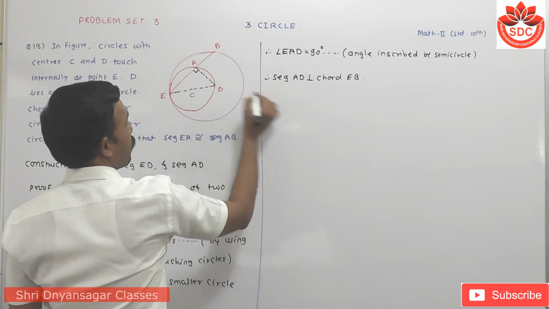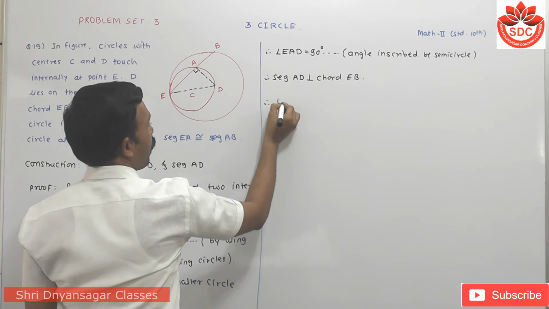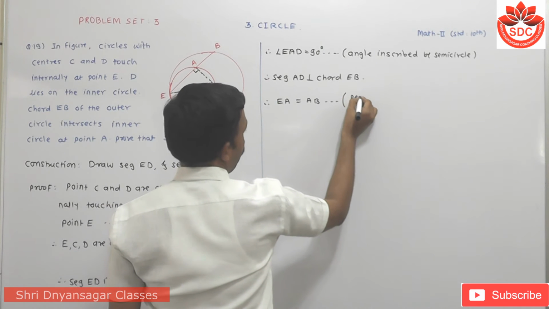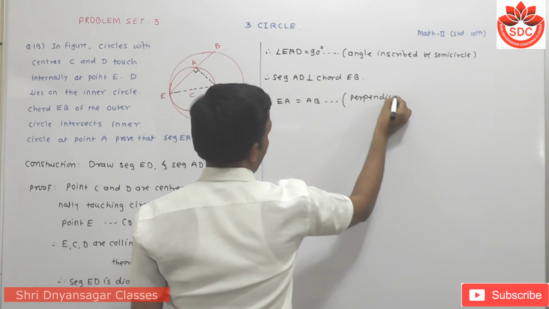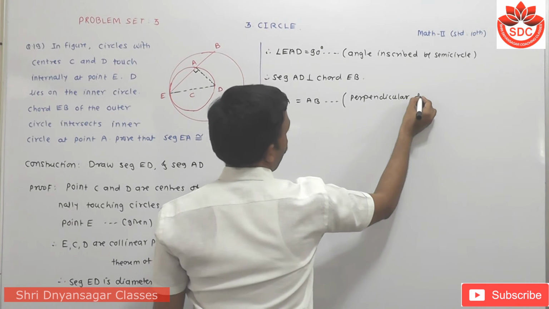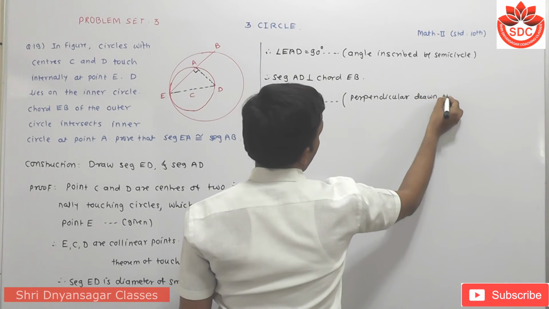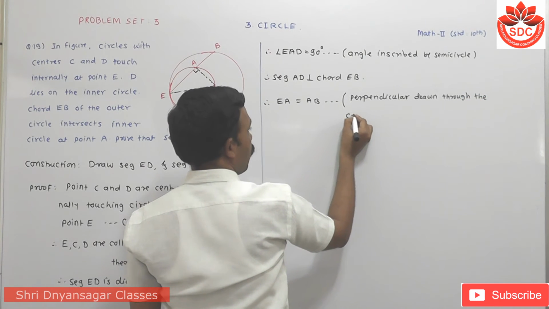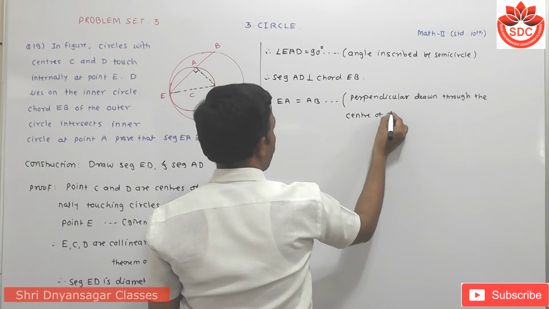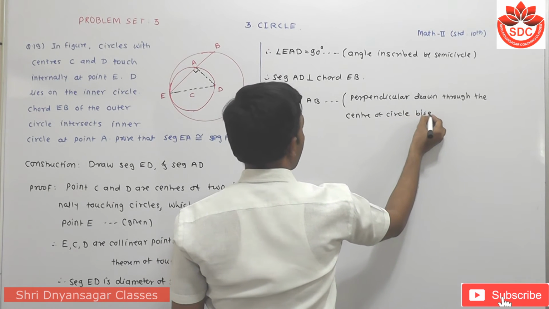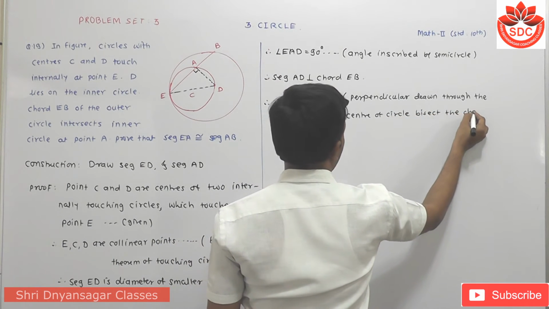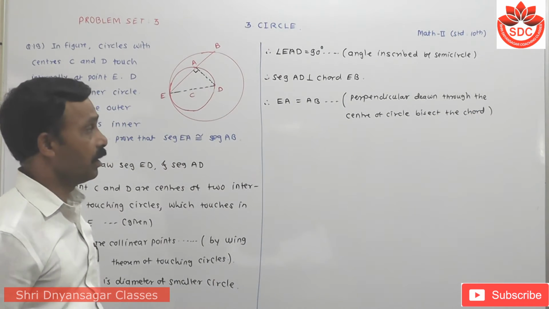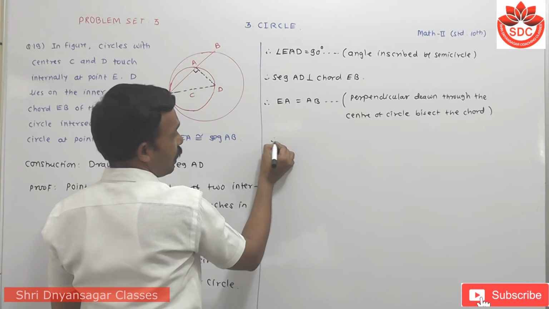Therefore segment EA is equal to AB because a perpendicular drawn from the center of the circle bisects the chord. Means that if EA and AB are equal, they are congruent.